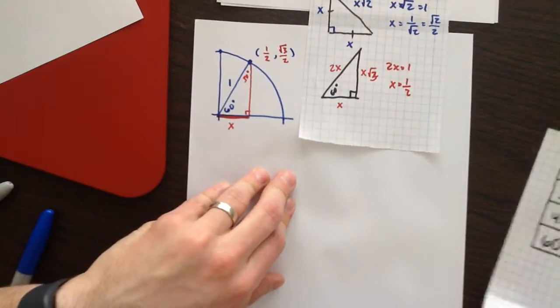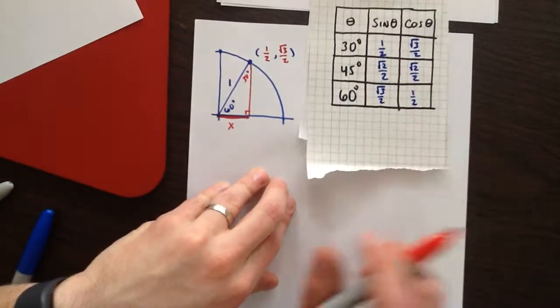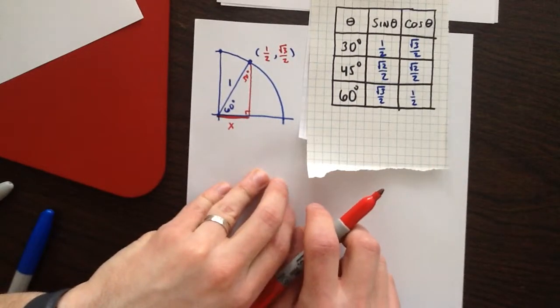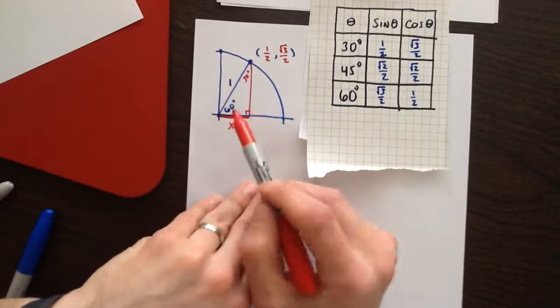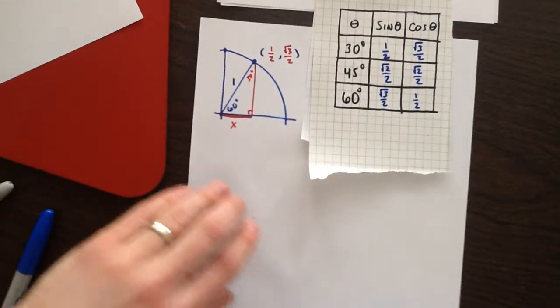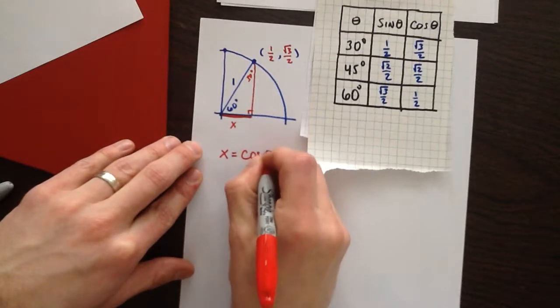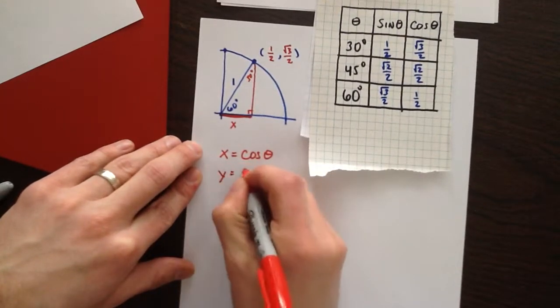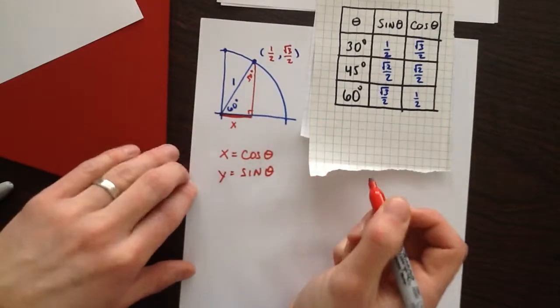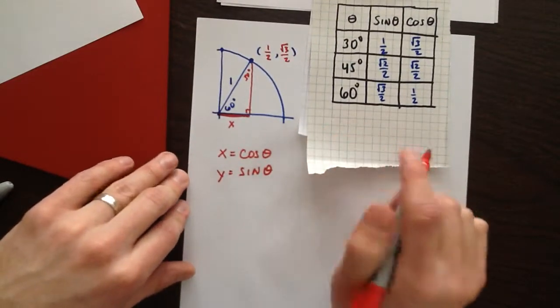That's a thing. 60 degrees. So Jess is saying that x is cosine of that angle, y is sine of the angle. Well, that at least worked for these two.